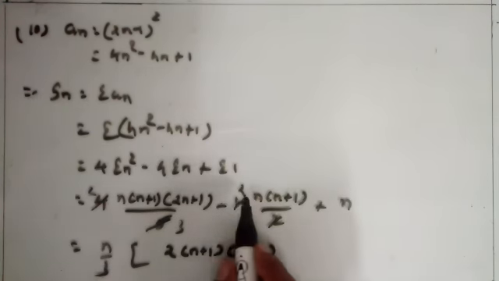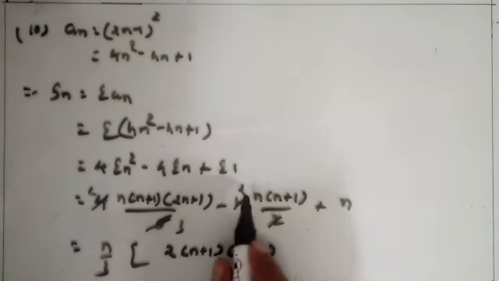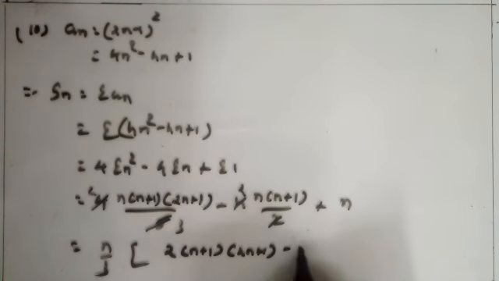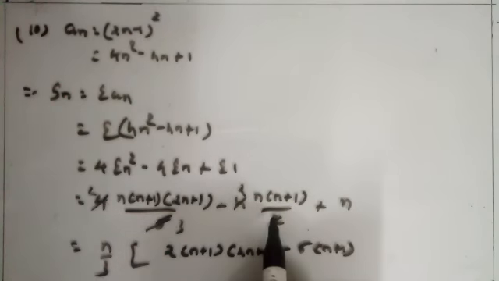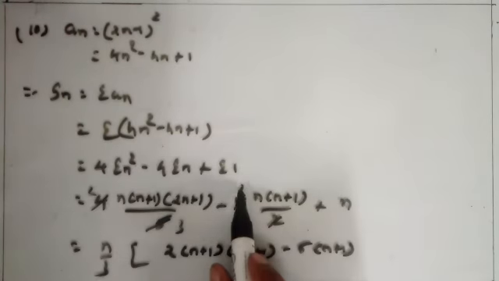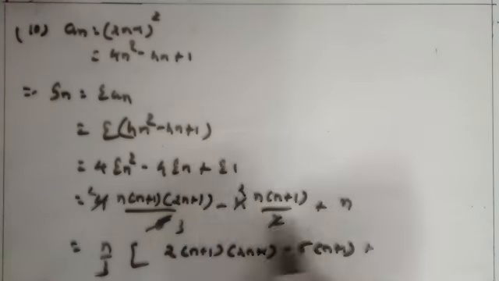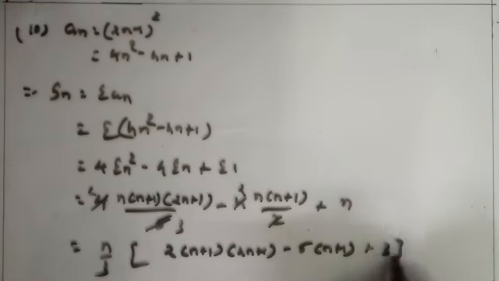Here n by 3 take common, so here becomes minus 6 into (n plus 1). Okay, 1 by 3 take common, that is multiply by 3, and n take outside. So 3 plus, here n take common and the 3 take LCM, that is 3.